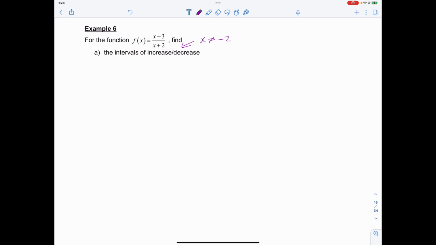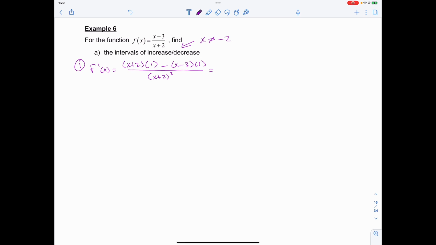We're going to take the derivative of this using our quotient rule, and I'm going to get x plus 2 times 1 minus x minus 3 times 1 all divided by x plus 2 squared.